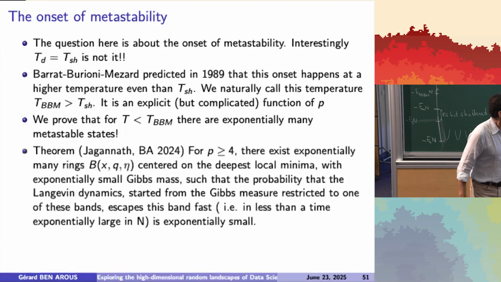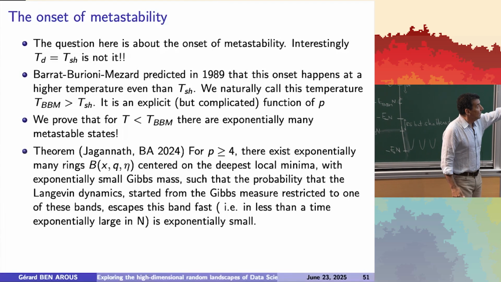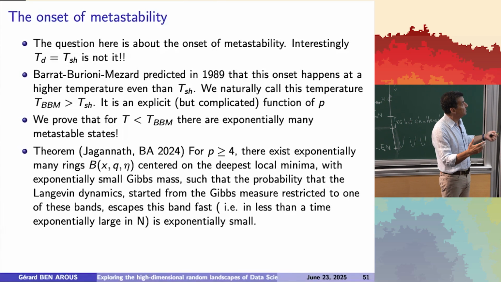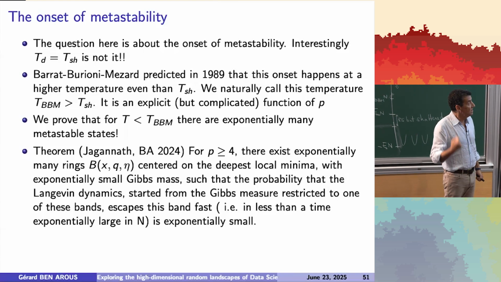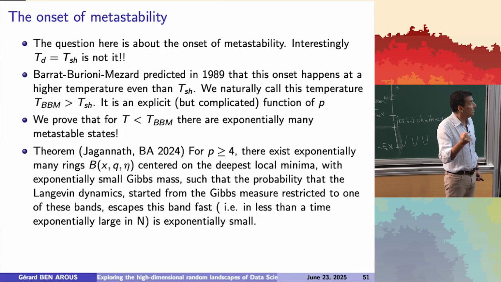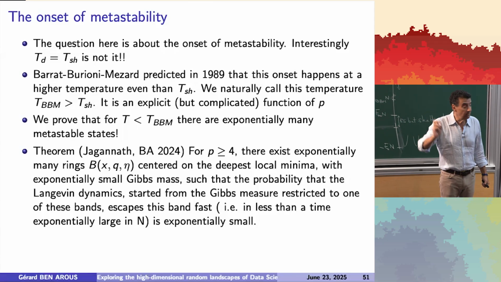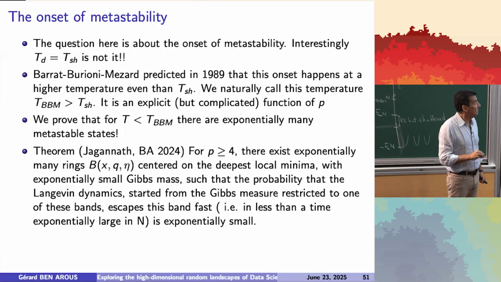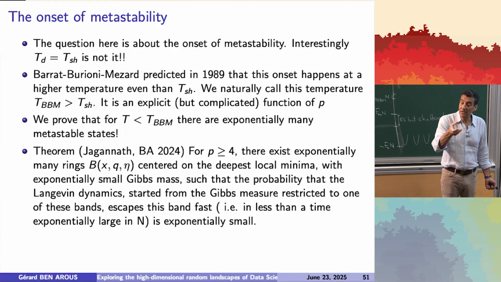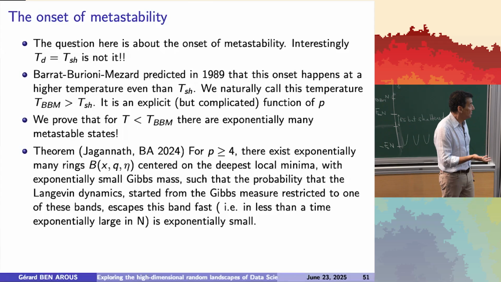And we proved that at least when p is larger than 4, there exists exponentially many rings, like we had before, centered on the deepest local minima with exponentially small Gibbs mass. So they are tiny, but such that the probability that the Langevin dynamics, if you start from there, the Gibbs measure starting from one of these bands, escape this band fast, so the probability that you can exit this thing quickly is exponentially small.